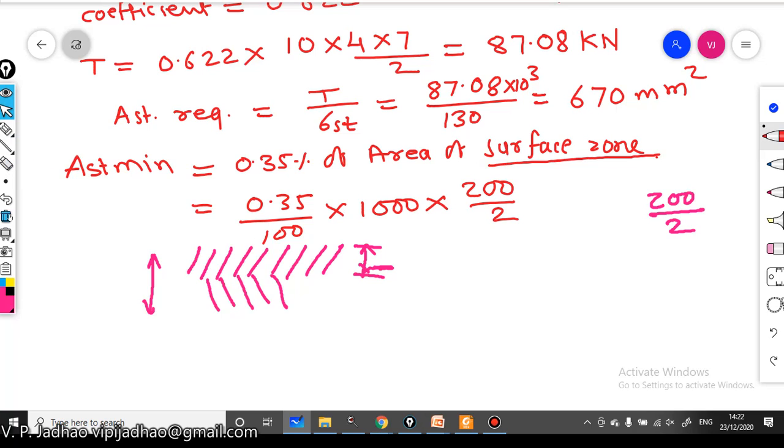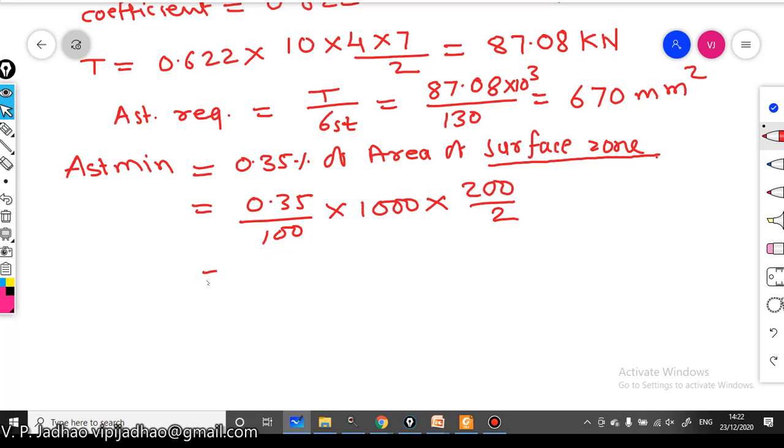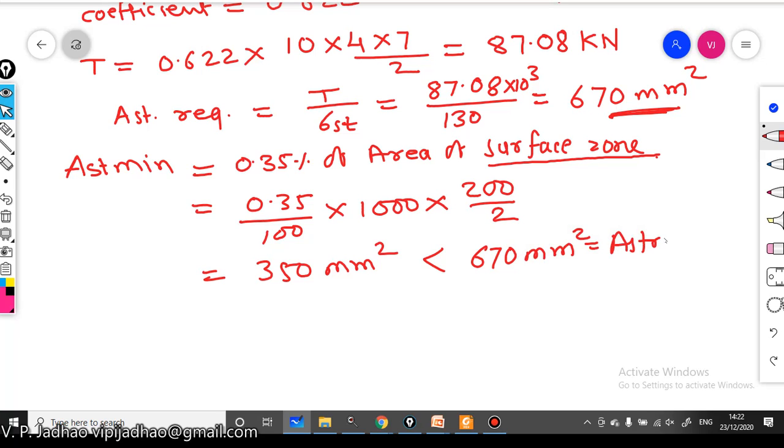So this value of AST minimum is equal to 350 mm square, and it is less than this AST required, that is 670 mm square.